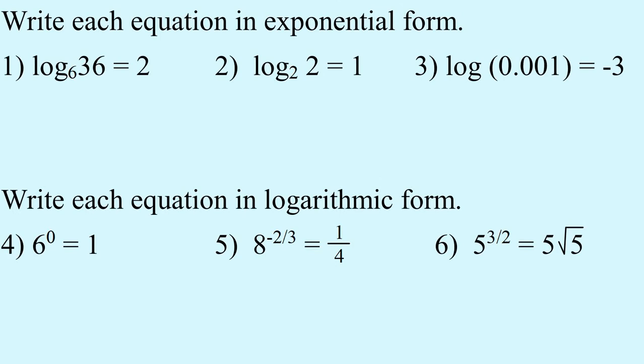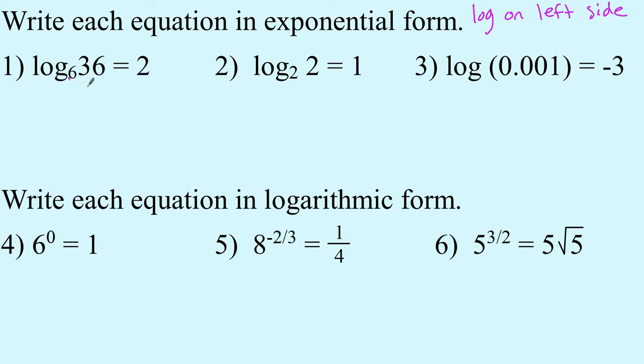Okay, so let's do some conversions first. Let's start by going from log form to exponential form. I always start with the log or the exponent on the left side. So log on left side. Then I do a loop-de-loop.